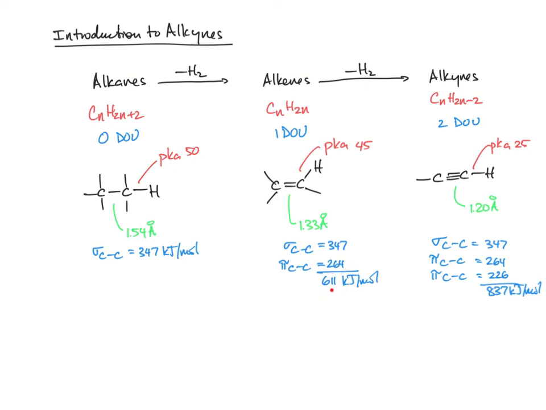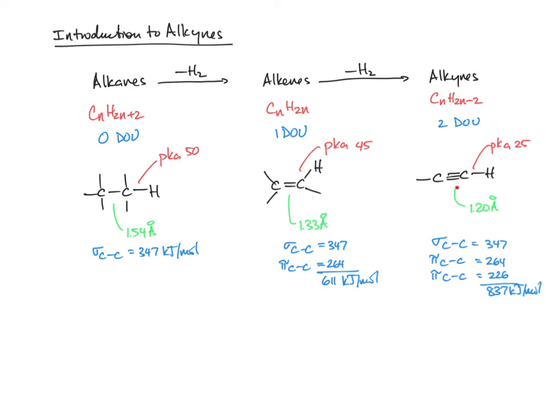So overall, the double bond is 611 kilojoules per mole of energy. So this bond total is stronger than that bond. Now look here, CnH2n, we take away two hydrogens, we end up with alkynes. CnH2n-2. We go from 1 to 2 degrees of unsaturation.